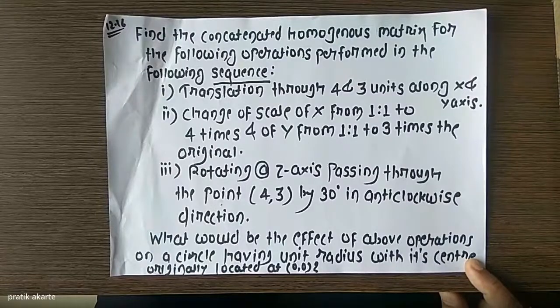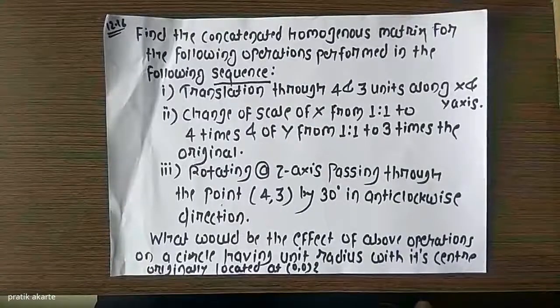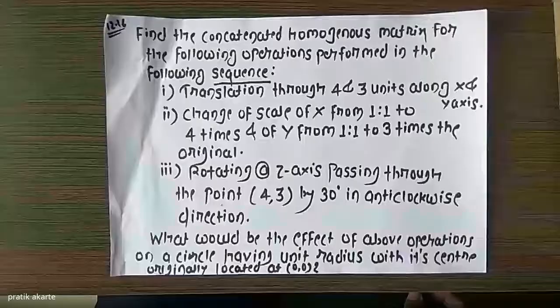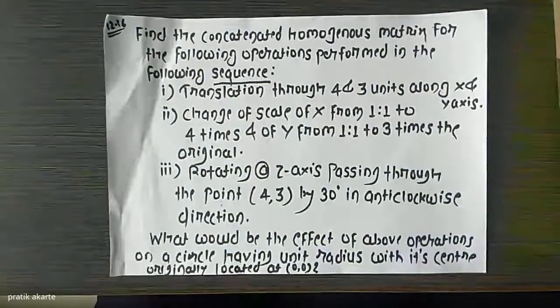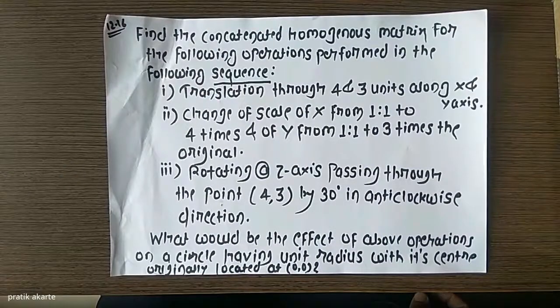So we have to first translate this point to origin, then rotate it, and again reposition this point. So these three transformations, that is translation, then scaling, and rotation, need to be performed in the same sequence. We cannot change the sequence of these transformations.